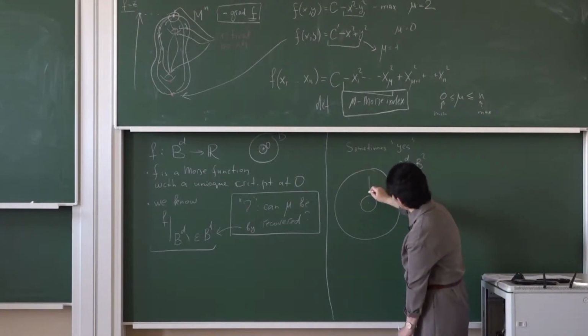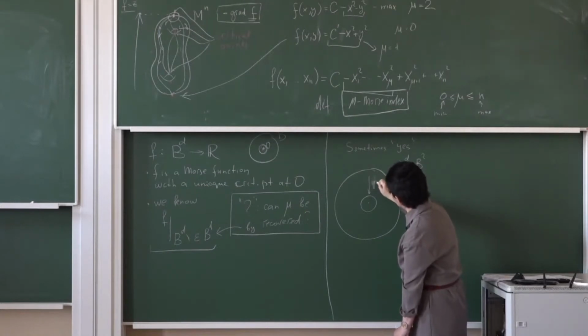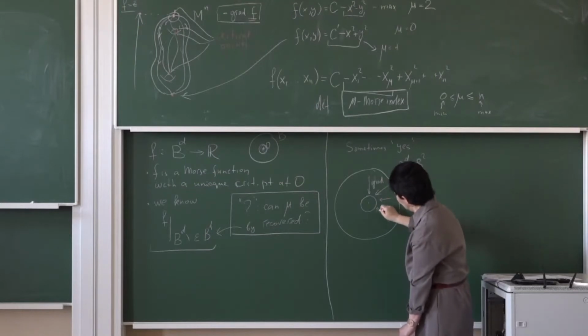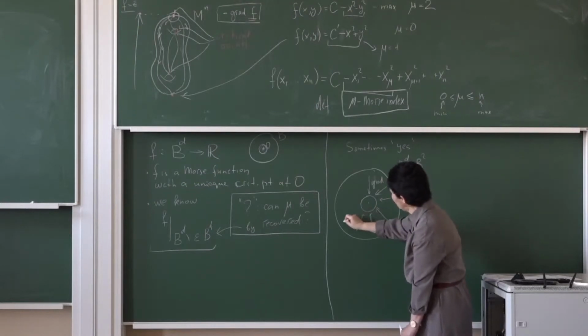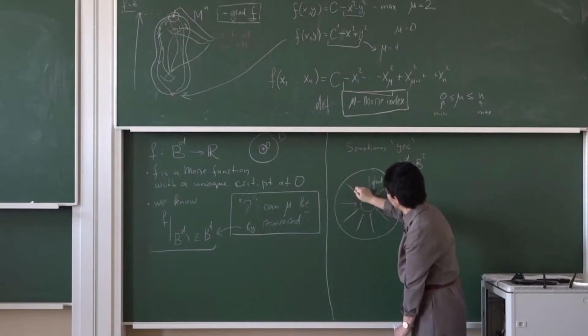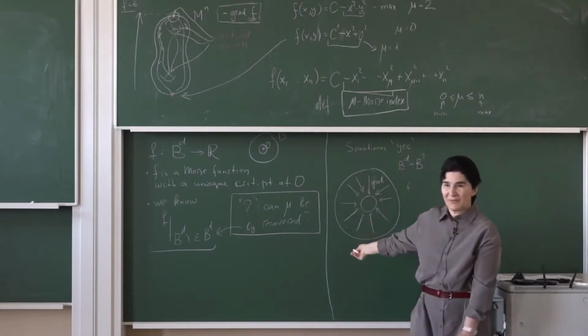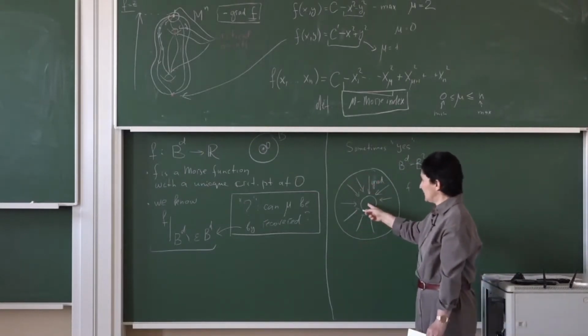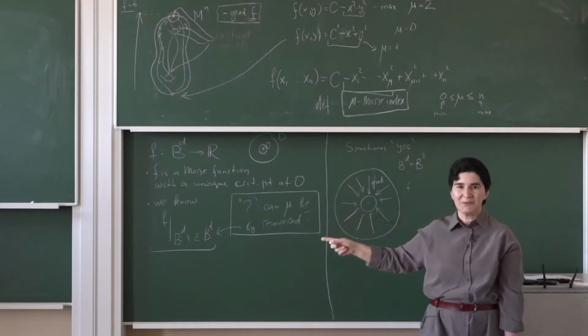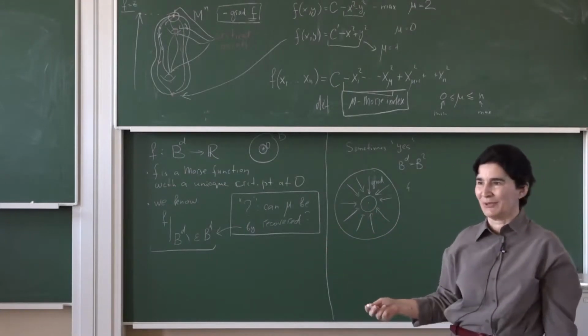When you look at the gradient lines, they all look like this. So gradients all point here. Can you tell me anything about this critical point? What is it, maximum or minimum or a saddle point?